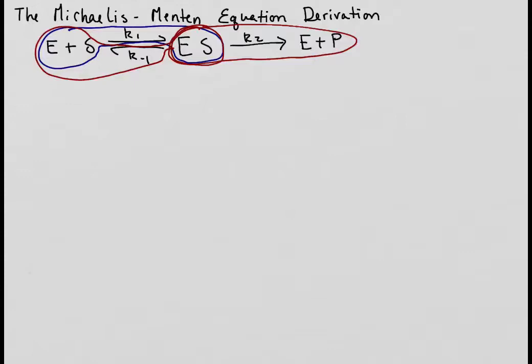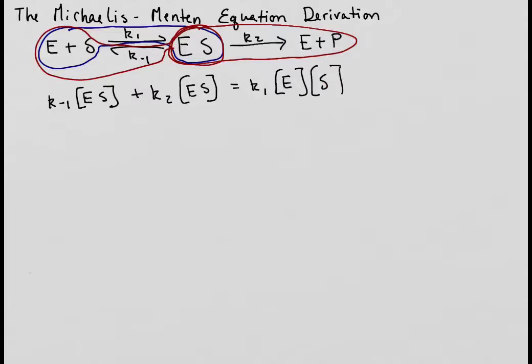So if we go ahead and begin by looking at those two that express the decomposition, so K minus 1 times enzyme substrate plus K2 times enzyme substrate is equal to that one by which it is formed, K1 times enzyme times substrate.